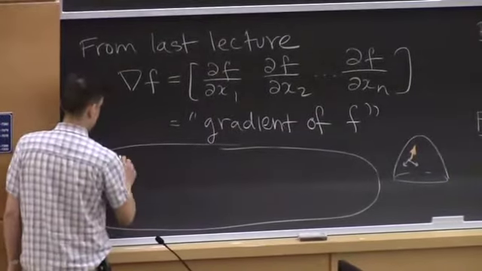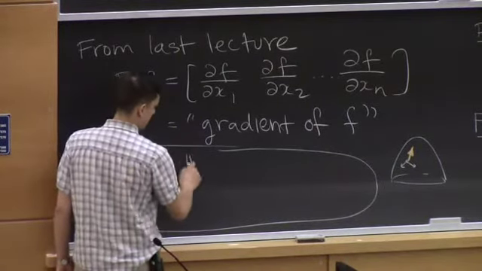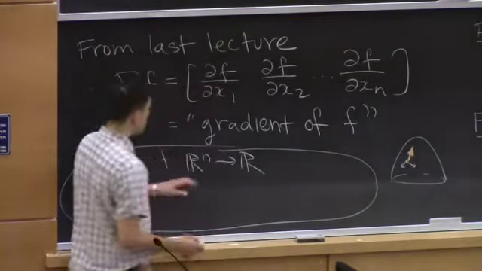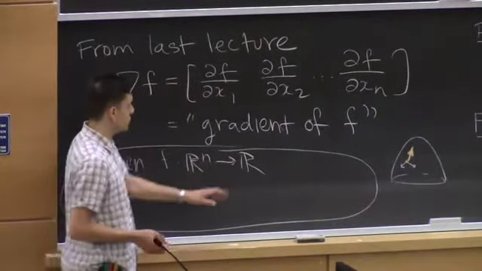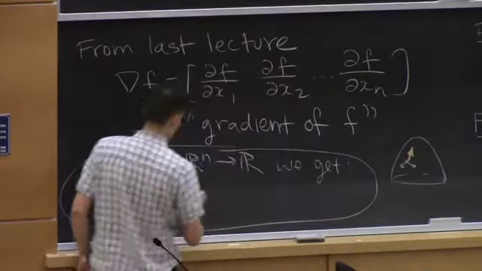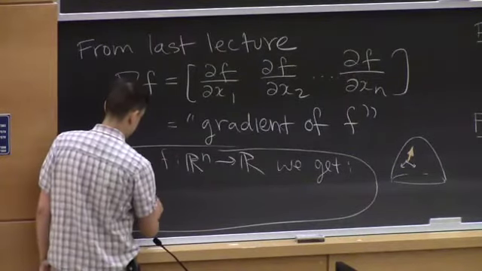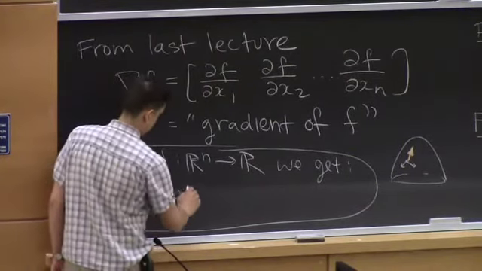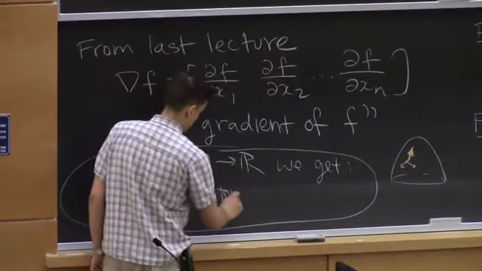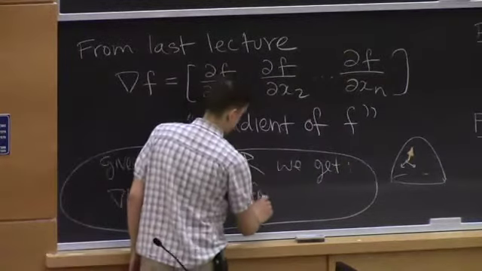Given f from R^n to R, so given something with n inputs and 1 output, we get a vector for each p.